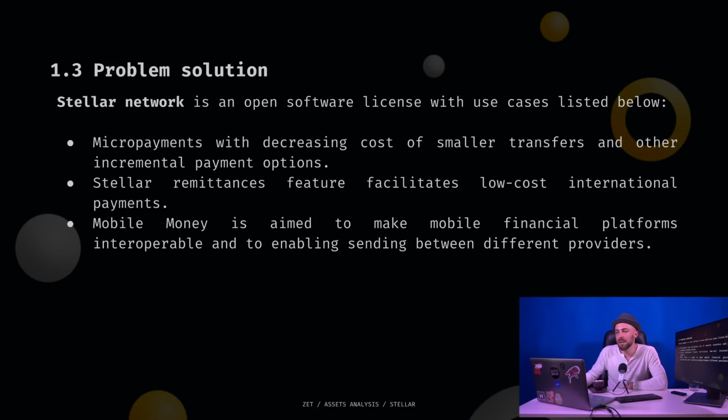The Stellar network is open license software, with such use cases. Micropayments can be executed through this network with a decreasing cost of smaller transfers and other incremental payment options.